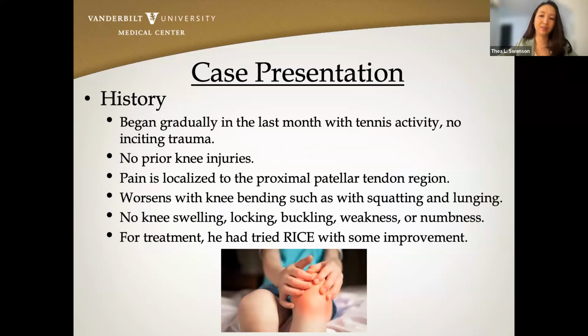He described the pain as being localized to the anterior knee, especially along the proximal patellar tendon region. The pain was worse with bending his knee and performing activities like squatting and lunging. There was no knee swelling, and he had no mechanical symptoms like locking, buckling, weakness, and he had no numbness. He had tried conservative treatment like rest, ice, compression, elevation with some improvement, but the knee pain was still limiting his ability to play tennis.